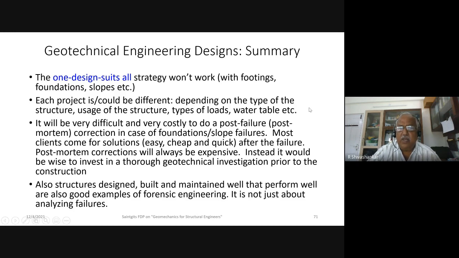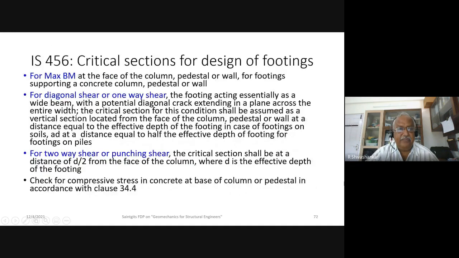So you have to treat each case as separate and do a thorough geotechnical investigation. You should not allow failures because to do any rectification, post-mortem work will be very expensive. And as I said, forensic engineering is not just about failures; it also includes structures that perform well.